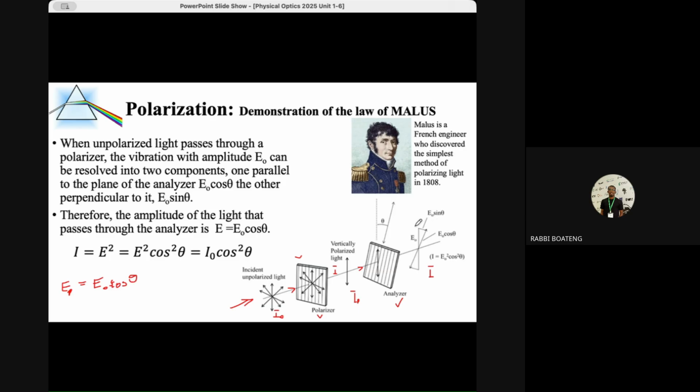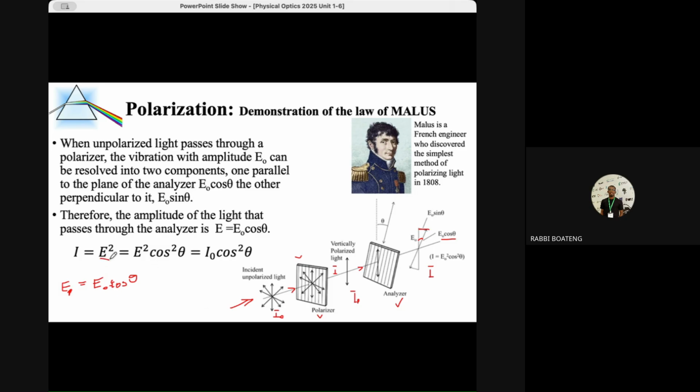When you relate these angles that we have here, so supposing this is our angle here, this is our E naught, that is the amplitude. Since we are interested in the new one here, we're supposed to get E naught cos theta. But amplitude and intensity are related, and we call it instantaneous amplitude, and intensity is related as the square of the amplitude.